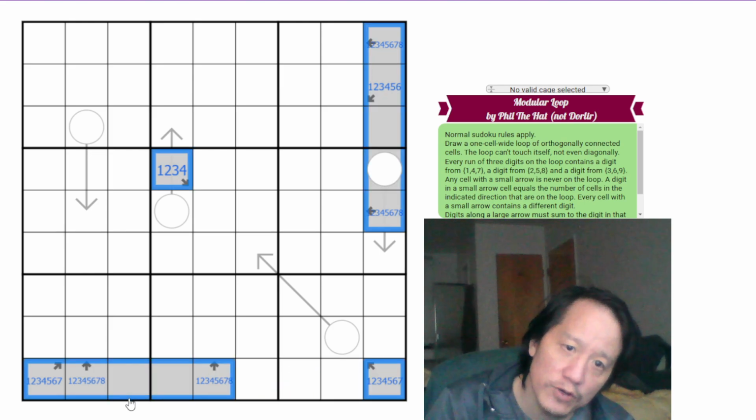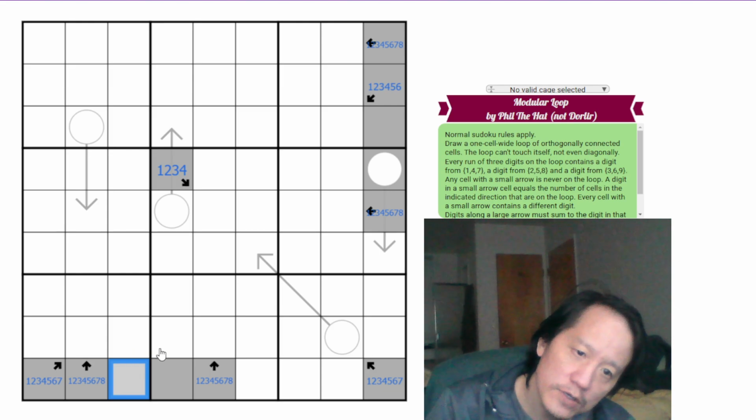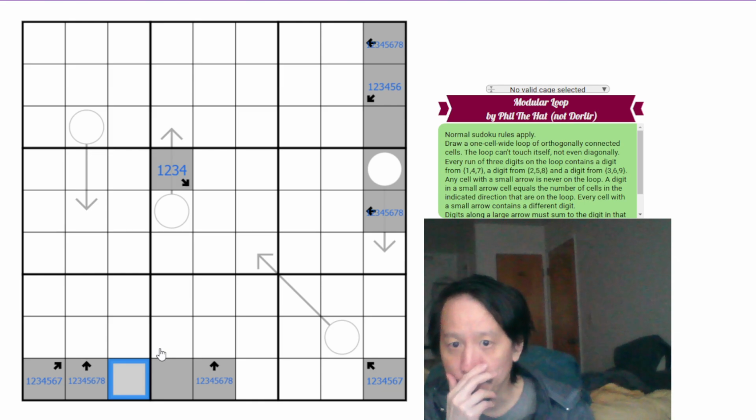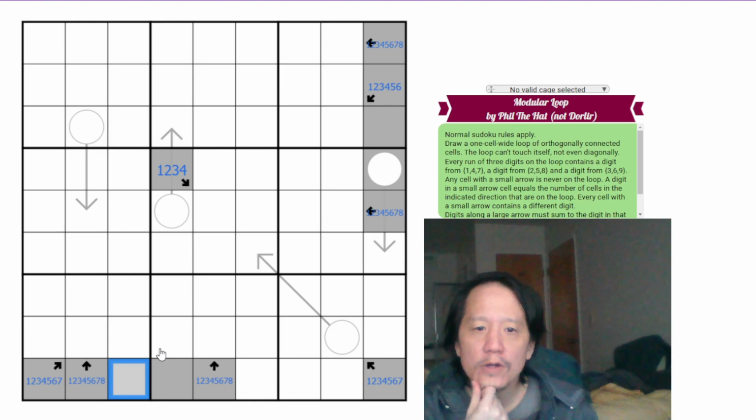Okay, so this one not being on the loop, does it affect anything? It does not. We know there's a 7. We know there's an 8. We know there's a 6.